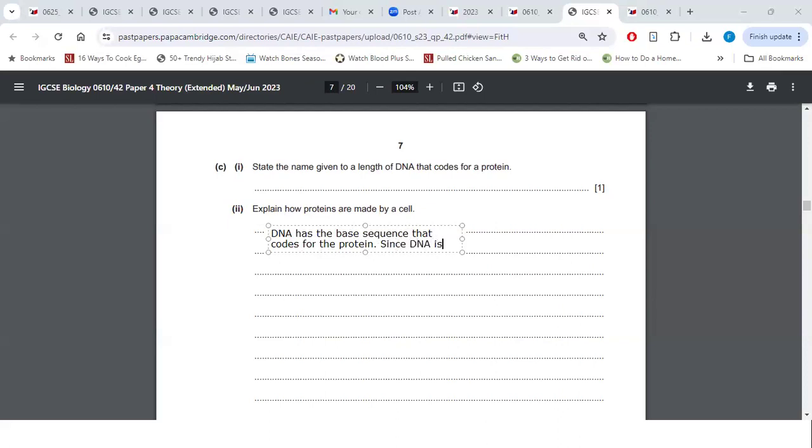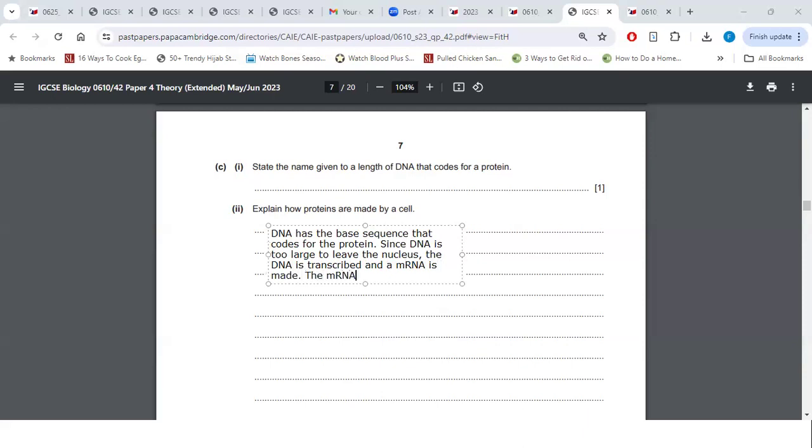And you can add this point. Since DNA is too large to leave the nucleus, the DNA is transcribed and a messenger RNA is made.